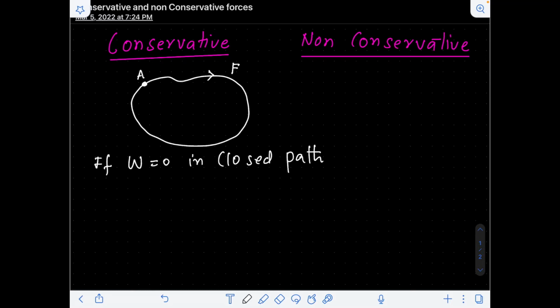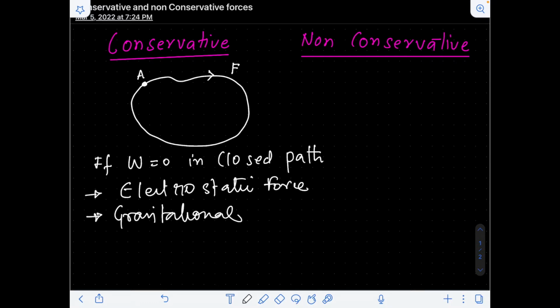Which are the examples suitable for conservative forces, and which are suitable for non-conservative forces? In our physics, the very first is electrostatic force. Electrostatic force is conservative in nature, and the other example is gravitational force.